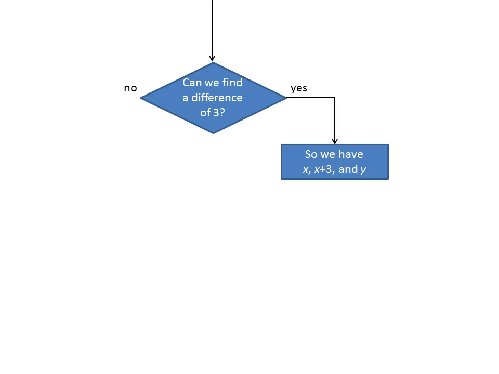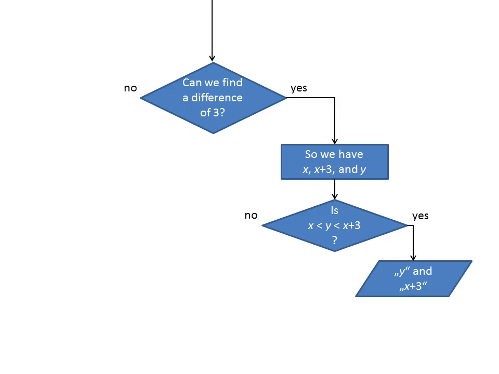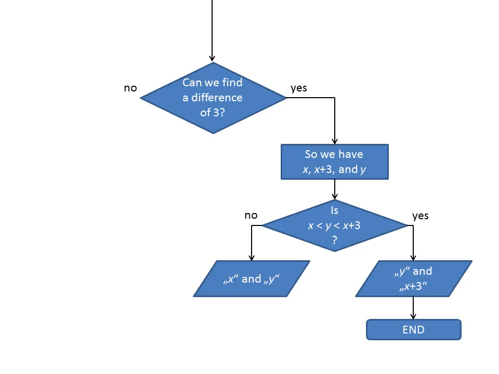Those are the ones with difference 3, and the third die shows some other number y. So we then check, is y strictly between x and x plus 3? If yes, then we output y and x plus 3, and if no, we output x and y. In both cases we are done.